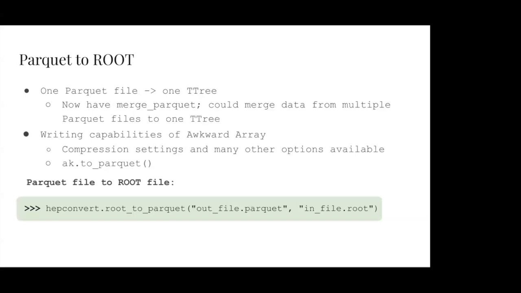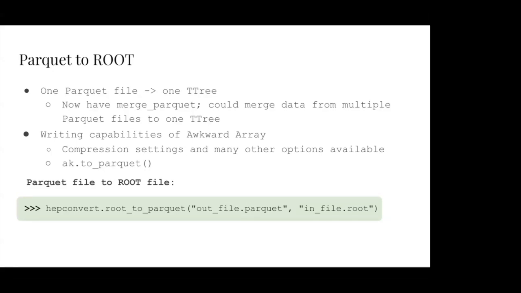So one feature is going from Parquet to root, and the function is parquet_to_root. The way hepconvert handles these types is one whole Parquet file will become one TTree.